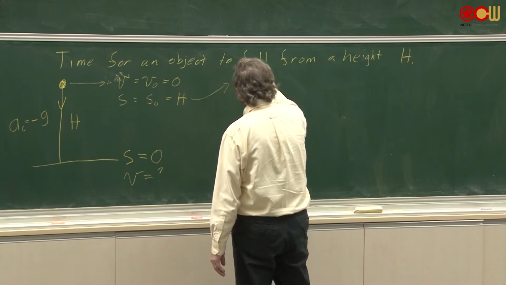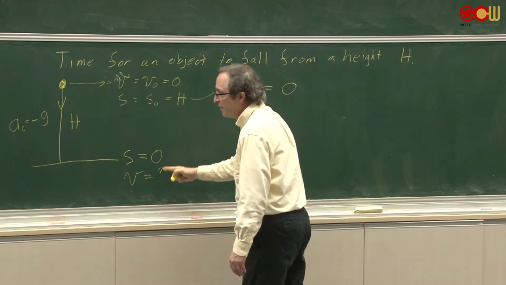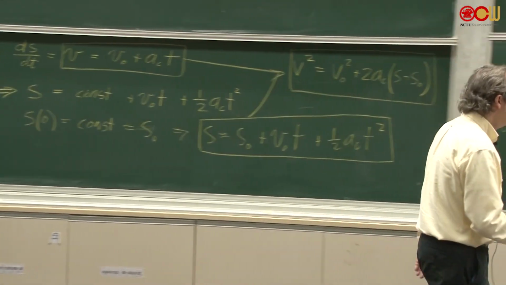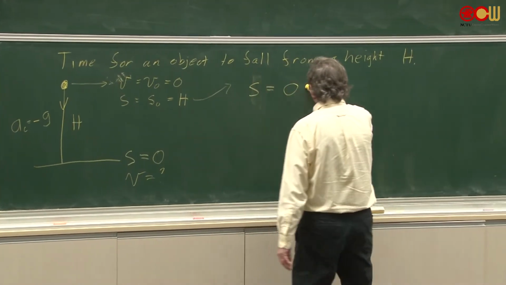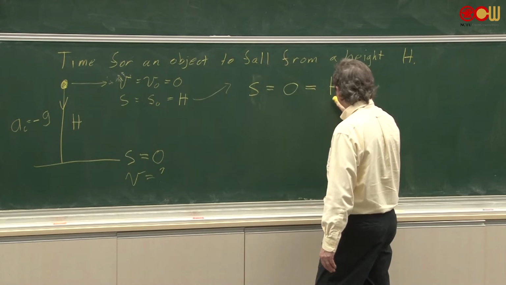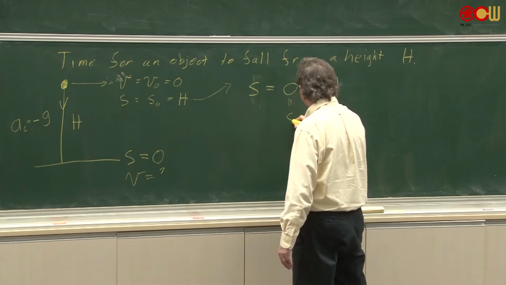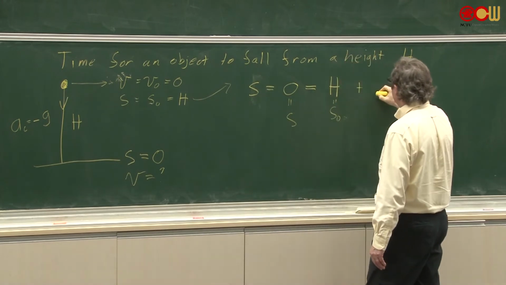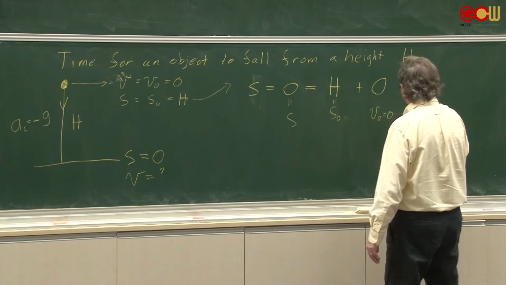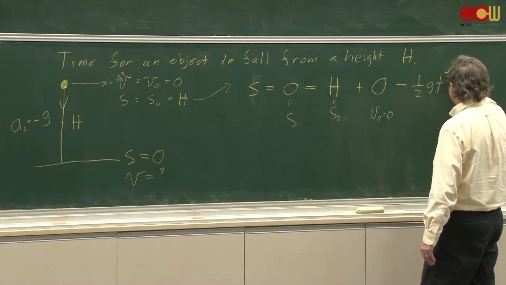We follow with this. We have the final position is 0. All right, so that's what S is, 0. That has got to equal the initial position, so this is S0. This is S. Plus 0, because V0 equals 0. Minus 1/2 gt squared.